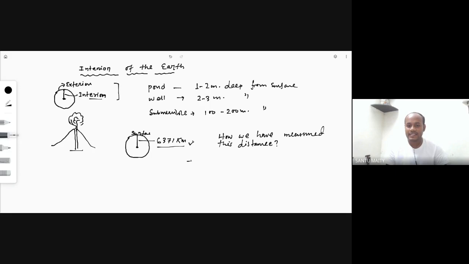So the answer is, this is called seismology. Sorry, the spelling is wrong. The method of measurement is called seismology.